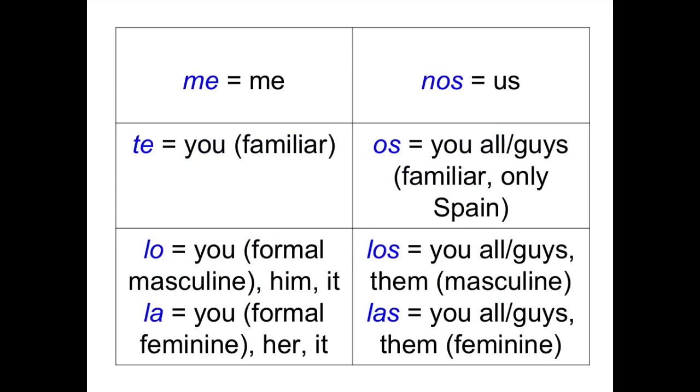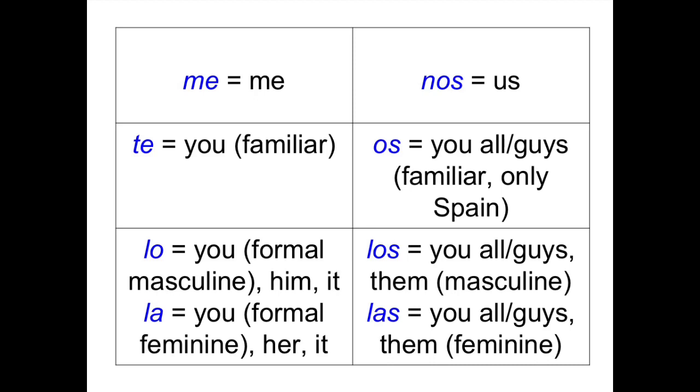There are 8 direct object pronouns used in Spanish: me, te, lo, la, nos, os, los, and las. The word me in Spanish means me, te means you, familiar, lo means you, formal, masculine, him or it, and la means you, formal, feminine, her or it.